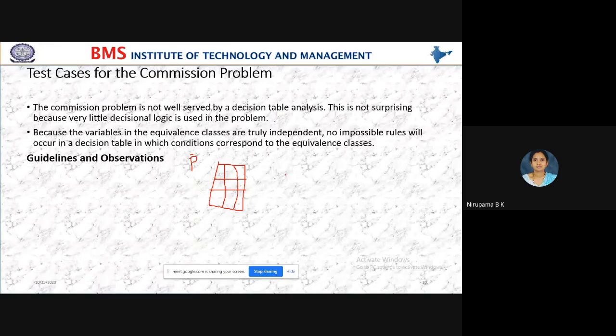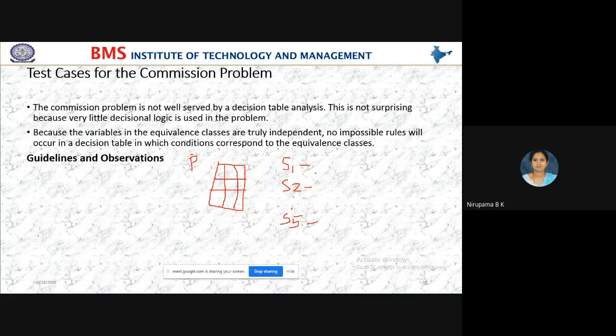But in the case of the commission problem, assume that I have 5 salespersons. For each salesperson, based on his sale, I have to give a commission. I don't know how much commission I have to give to S1, S2 or S5, because here the commission is not fixed.